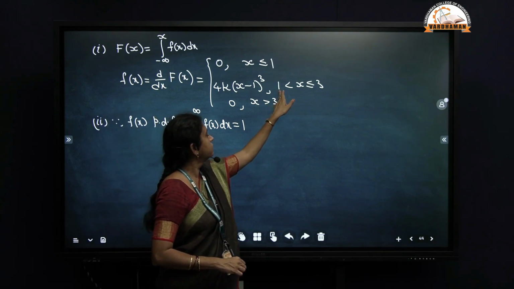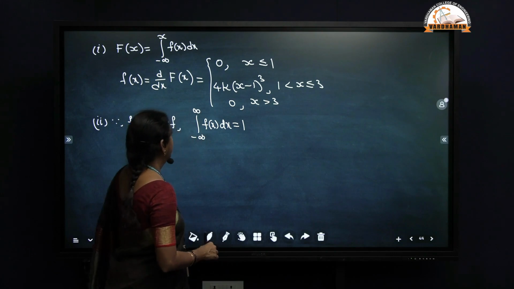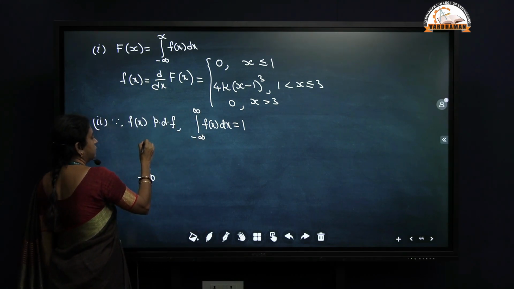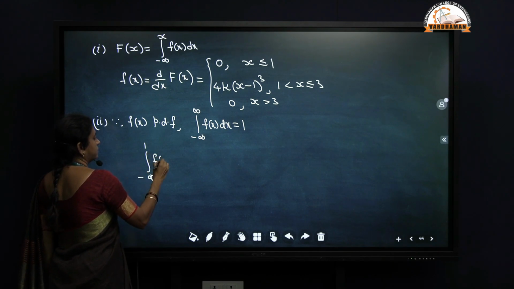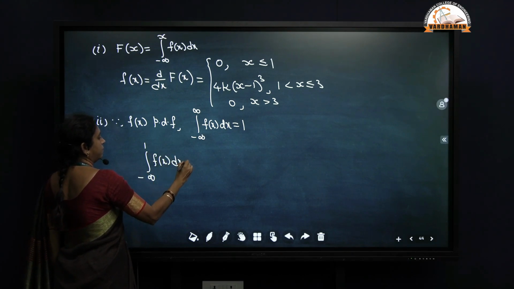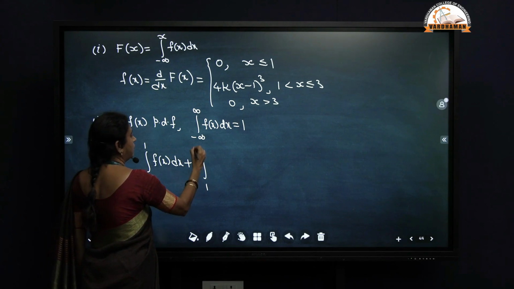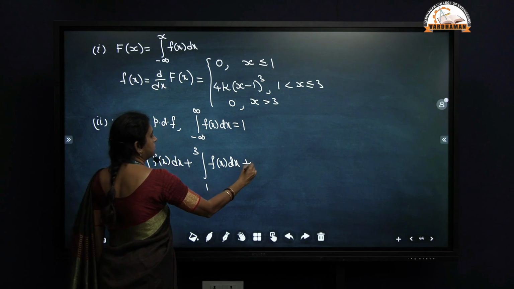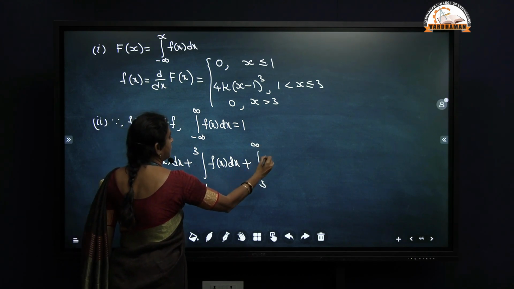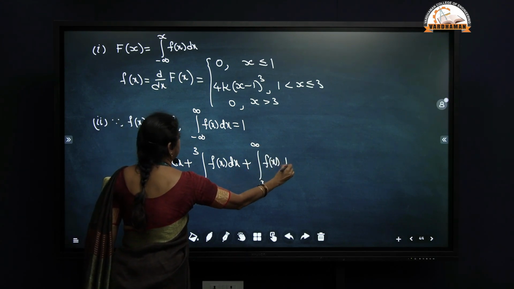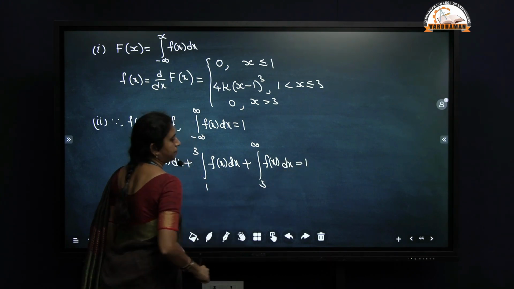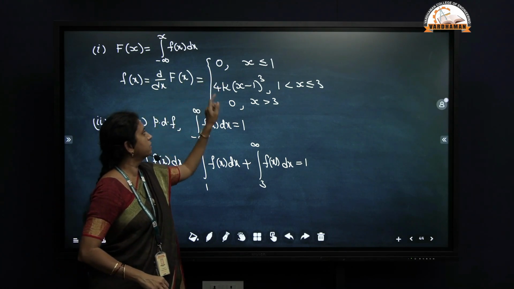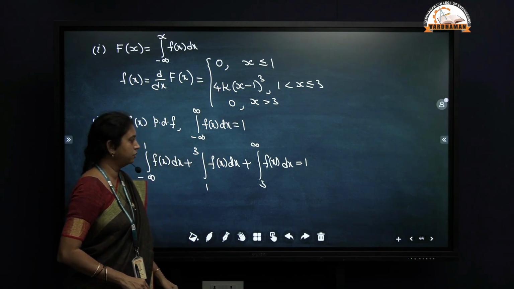Now, I will find out this k value. We see that the function is defined between 1 and 3. So, we will write this as the integral from minus infinity to 1 of f(x) dx, plus the integral from 1 to 3 of f(x) dx, plus the integral from 3 to infinity of f(x) dx, equal to 1. Between minus infinity and 1 the value is 0, and greater than 3 also the value is 0.